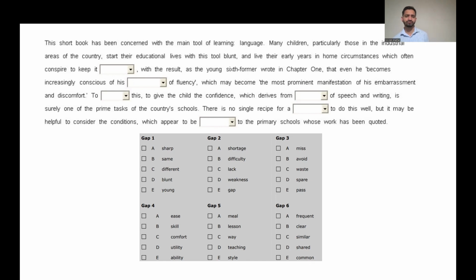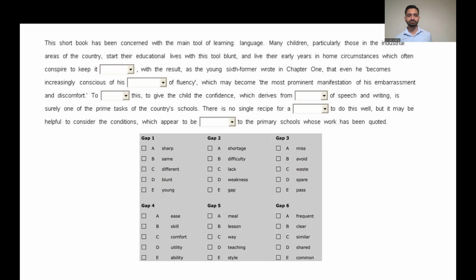Fluency. Shortage of fluency, if you think about collocations here, what could it be? Lack of fluency, obviously. In terms of context, should it be lack? Because this is really like lack of. And all of these are negative, aren't they? Shortage, difficulty, lack, weaknesses. They are similar synonyms, but which one is the most accurate?